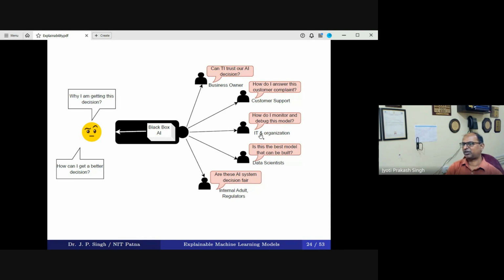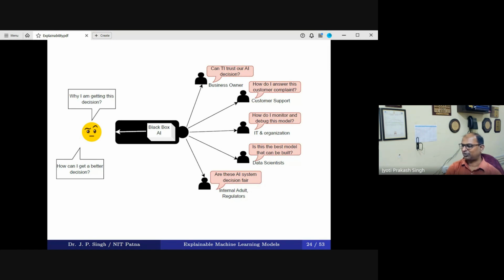If you are head of an IT organization and there is some error or problem in the model, how can I debug this? How can I improve on this model? As a data scientist, your question will be, is it the best model? Or can we improve the accuracy more, or better predict? And the most important people, those who are ultimately going to accept or reject your model, are the internal audit or the regulators.